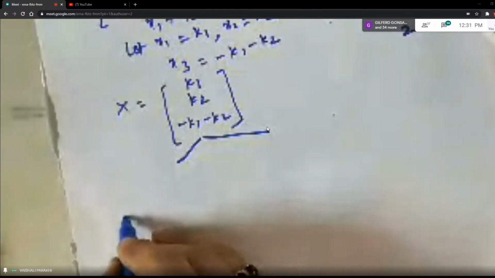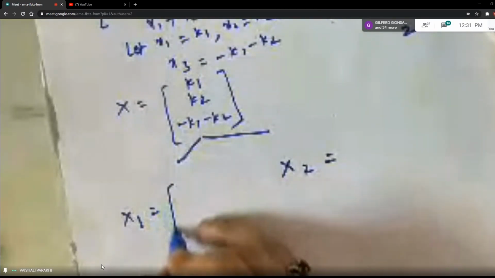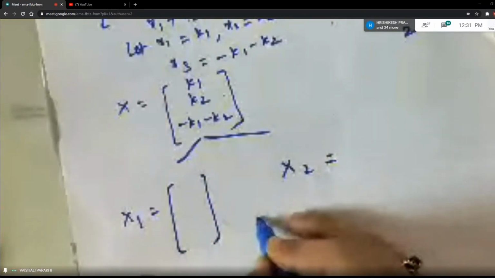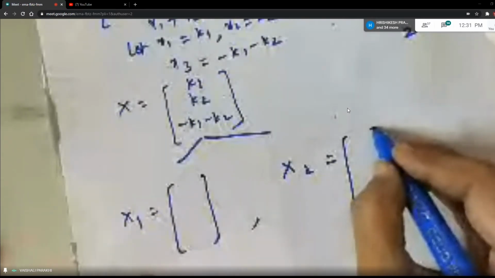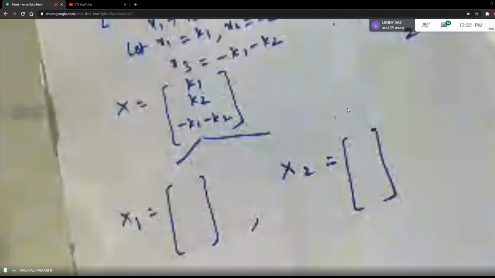Correct? Now this single eigenvector is going to give you 2 different eigenvectors, because you have seen that this minus 1 is repeated twice, right? Same eigenvalue, minus 1, so the same eigenvector with K1, K2.